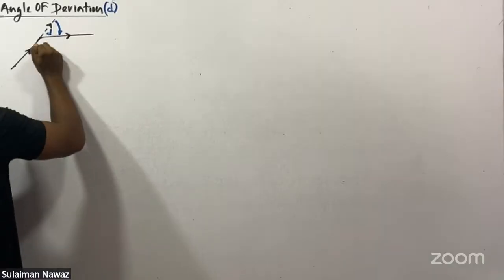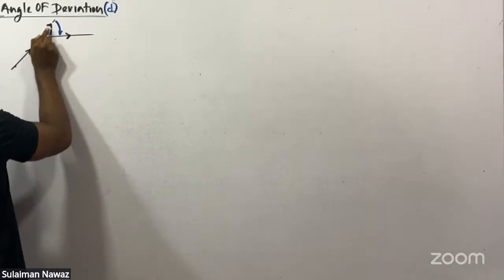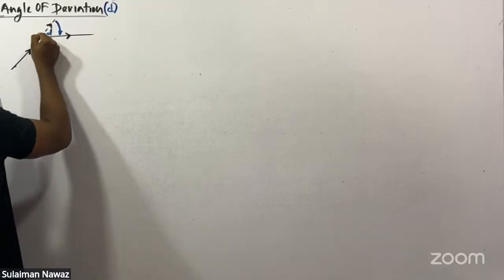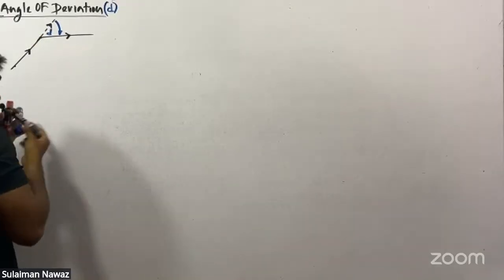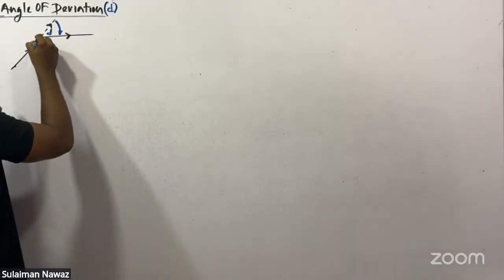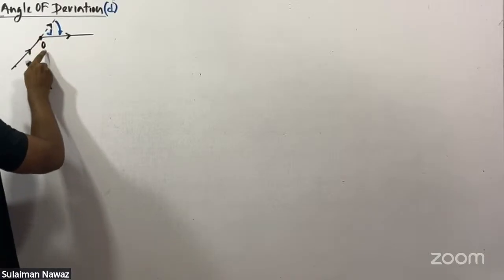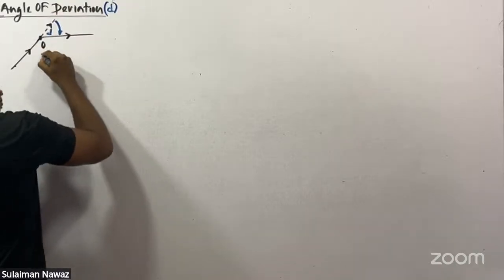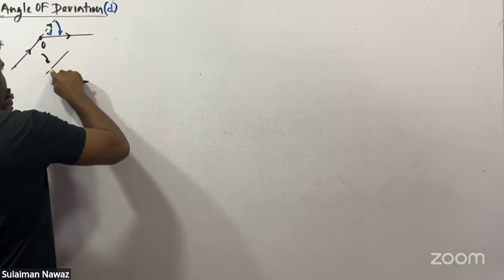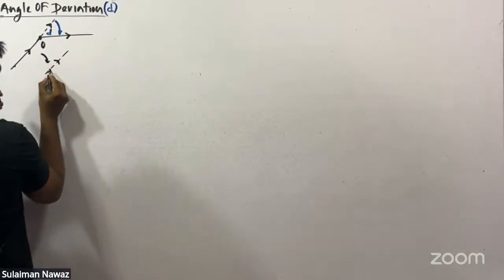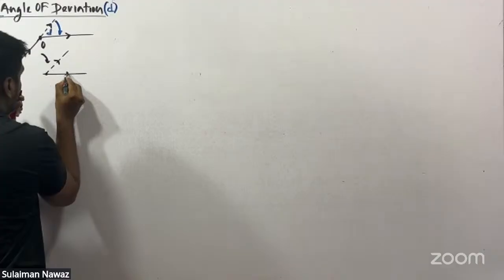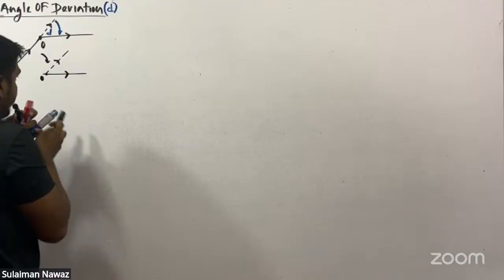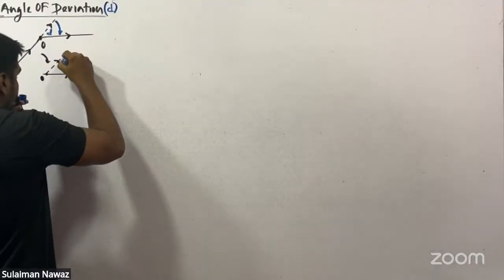I extended the initial light ray path like this, and arranged the initial direction and final direction diverging from the common point. See, this is my common point. The initial direction is this direction, and the final direction is this direction. When you consider these two directions, they are diverging from this point. Then measure the angle between them. That is going to be the angle of deviation.